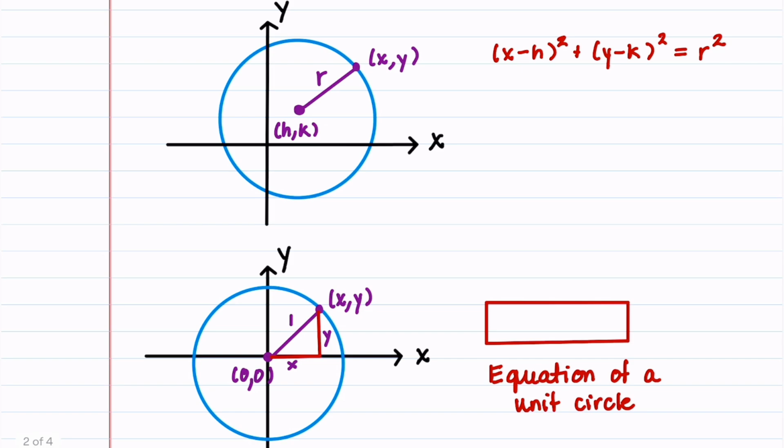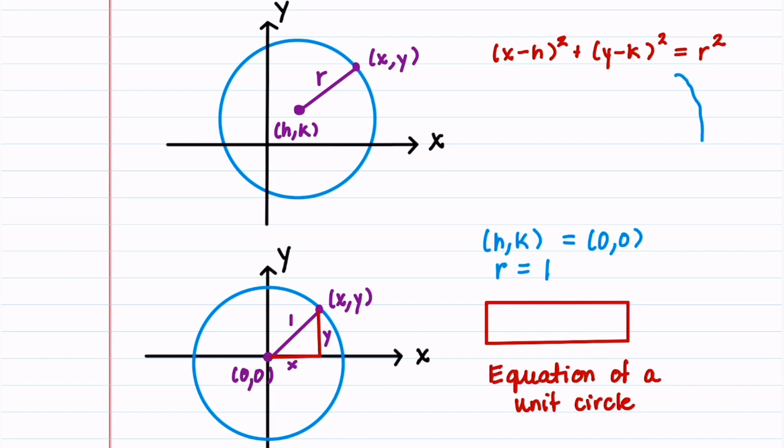Let's now look at a circle of radius 1 whose center is located at the origin. So what this means is h, k is now 0, 0, and our radius is now 1.